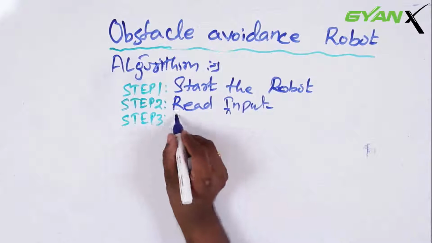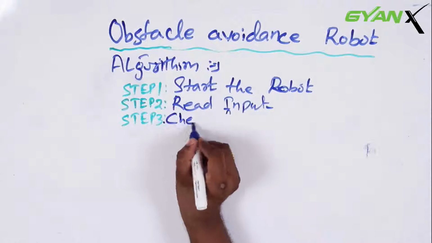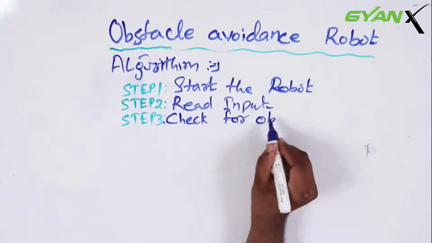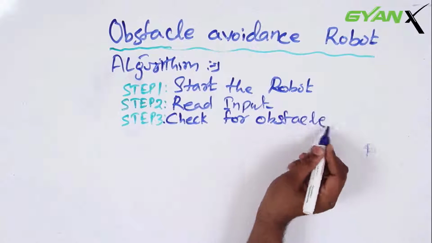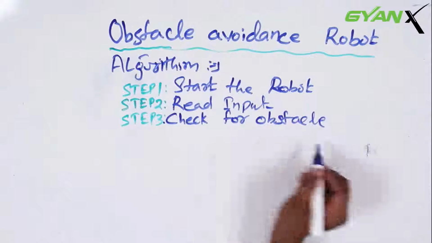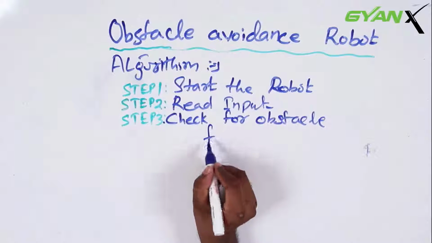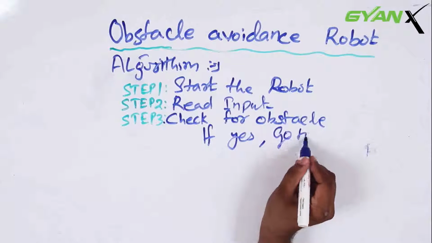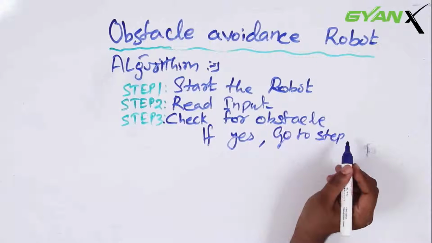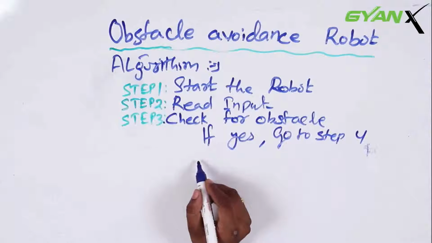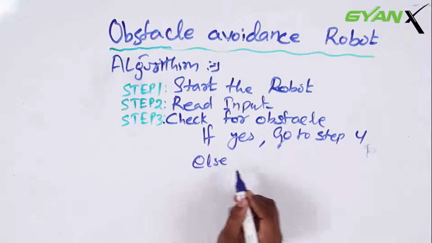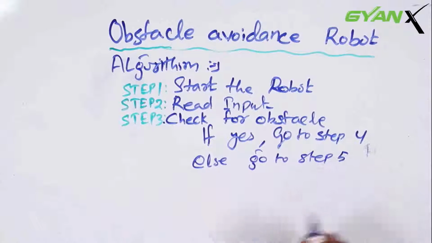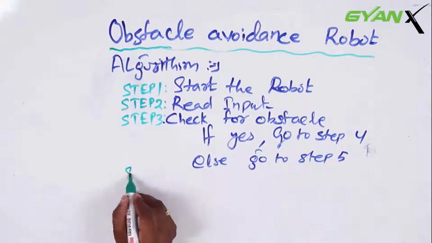Then step 3: check for obstacle. Once you check for obstacle, there will be: if yes, go to step 4, else go to step 5.